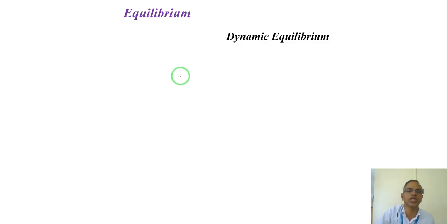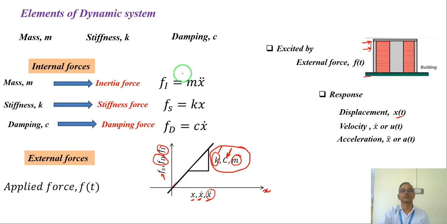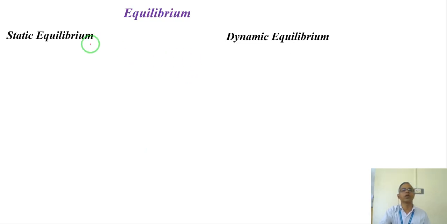Now when you look at the equilibrium of the system, one equilibrium is a static equilibrium, which we already discussed. In the static equilibrium, we say if there is a system or a body subjected to an external force, for example, F1 is a force acting here, the system will rotate. So I must have some equivalent force in its location such that the body does not rotate and the body does not have a translation.